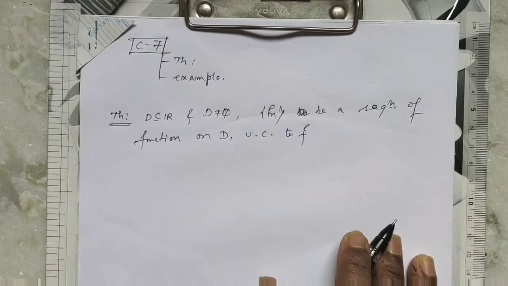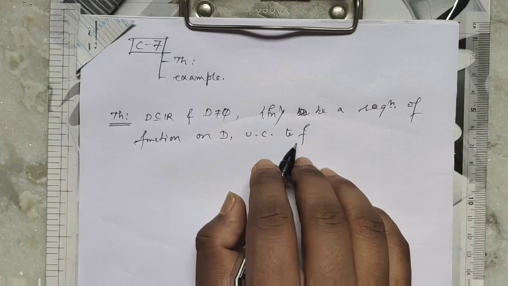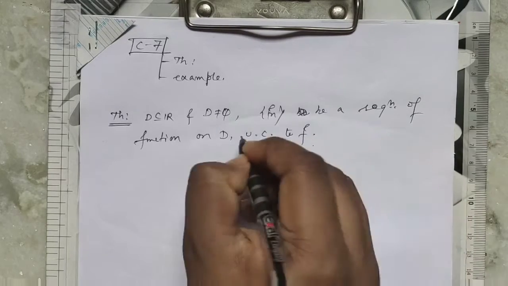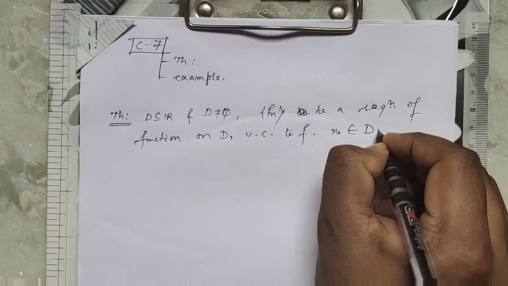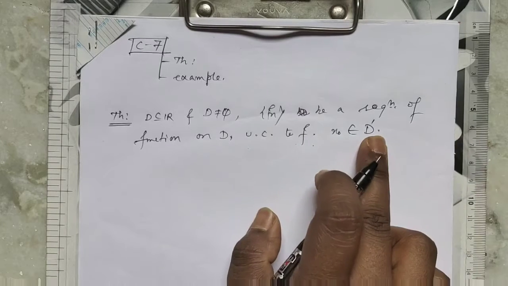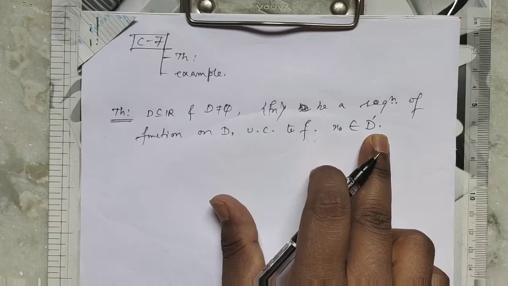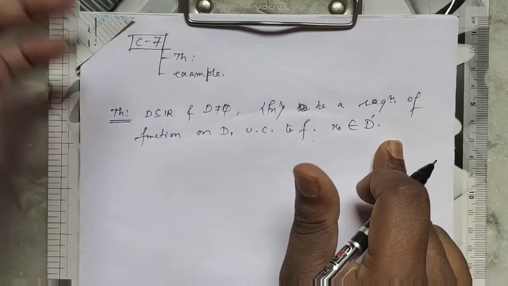This is a sequence of functions which uniformly converges to f. Let x0 belong to D', where D' is the derived set of D. Derived set means the set of all limit points.